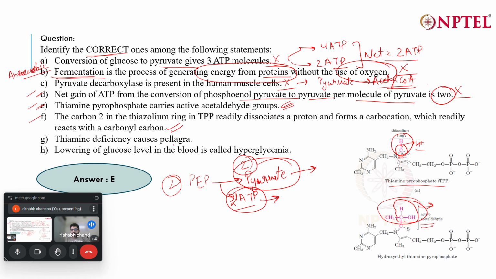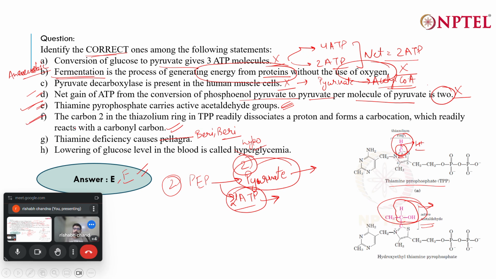So here F would also be the correct answer. Then, thiamine deficiency causes pellagra. No, thiamine deficiency causes beriberi. Then, lowering of glucose level in the blood is called hyperglycemia. No, it's called hypoglycemia. Okay, so the correct answer is option number E and F.